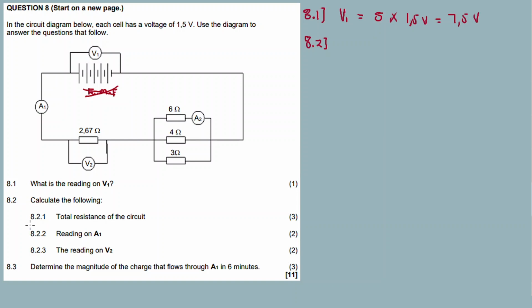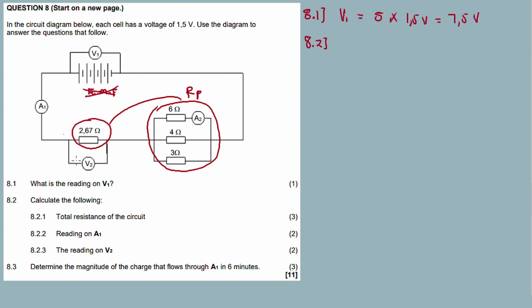8.2, calculate the following. 8.2.1, the total resistance of the circuit. We have a parallel connection as well as this resistor which is connected in series with this parallel connection. So the first thing is to calculate the total resistance for the parallel connection.